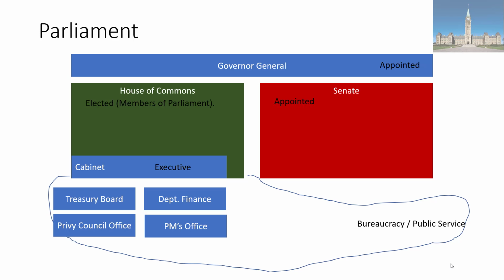And so given that these government departments are in the middle, they have a central role, these 4 departments collectively are known as central agencies. Because these 4 departments and agencies are so important, we're going to look at each of them a little bit in more detail.